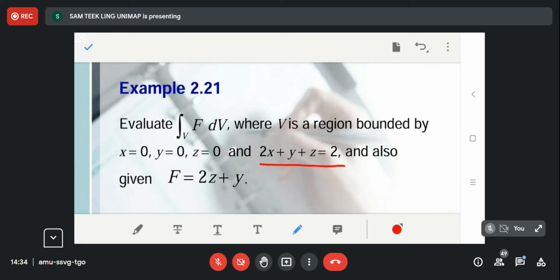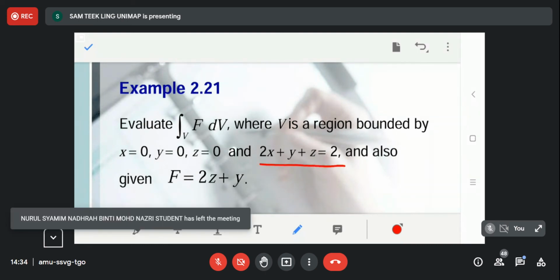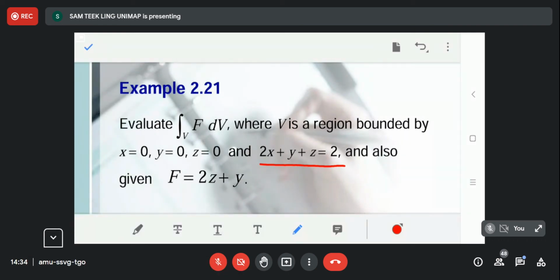So you can see this one. Tetrahedron: 2x plus y plus 2z equal 2. If the form is ax plus by plus cz equal any constant, maybe d like this, so this is your tetrahedron form.